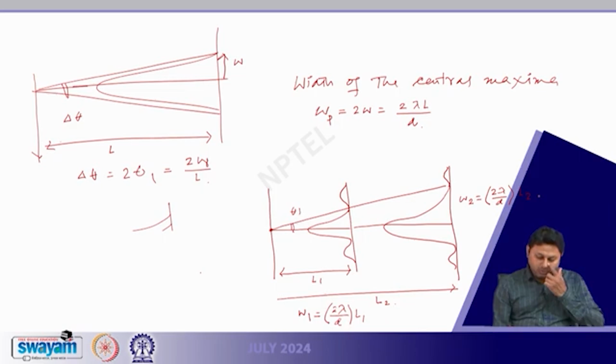So, these are the two widths one can have, and this width depends on how far the screen is placed compared to the source.